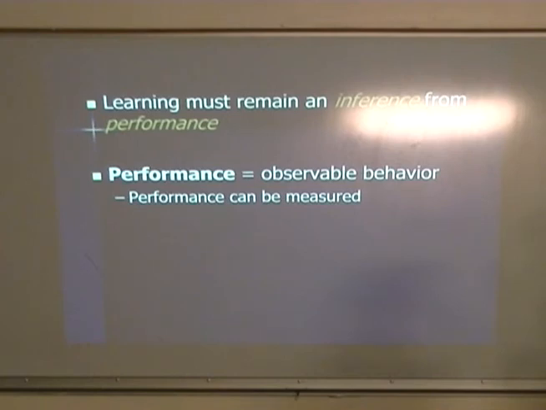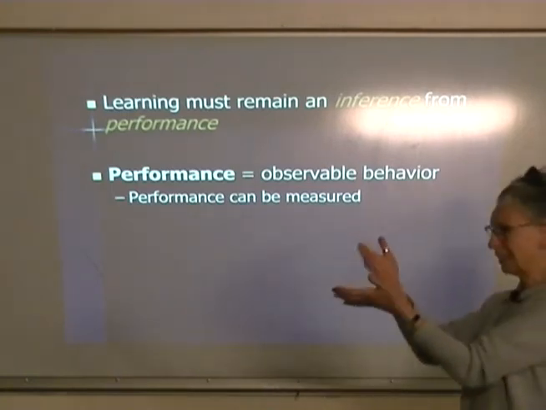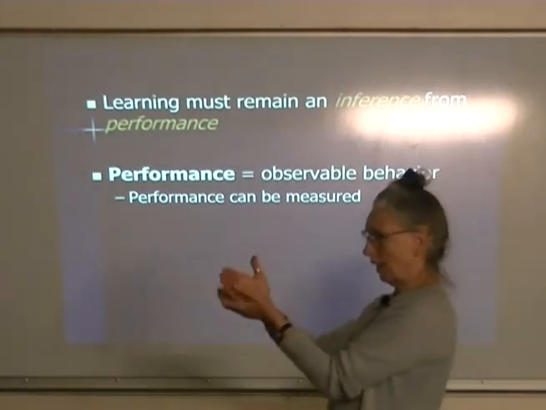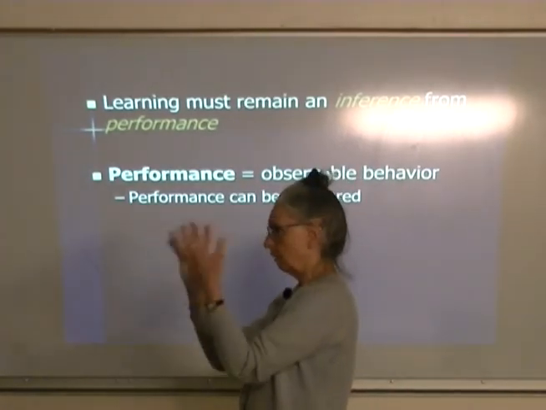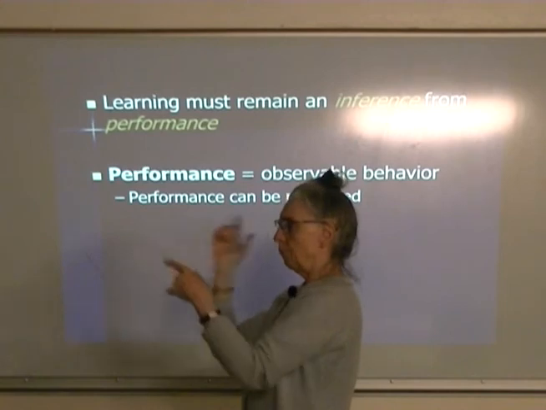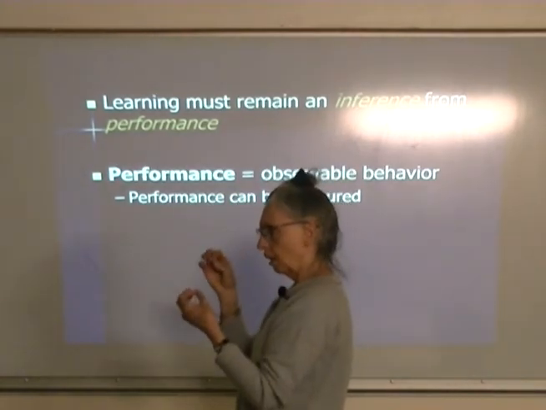And I can do that by watching the performance and making certain decisions about the performance. Because the performance I can see, right? I can grade it, I can judge it, I can assess it, score it. That I can see. But I can't see learning, right?